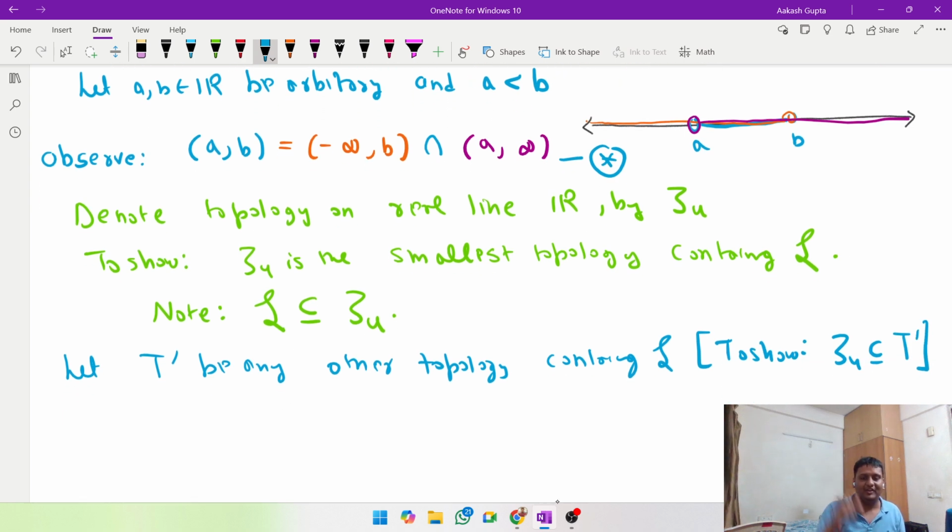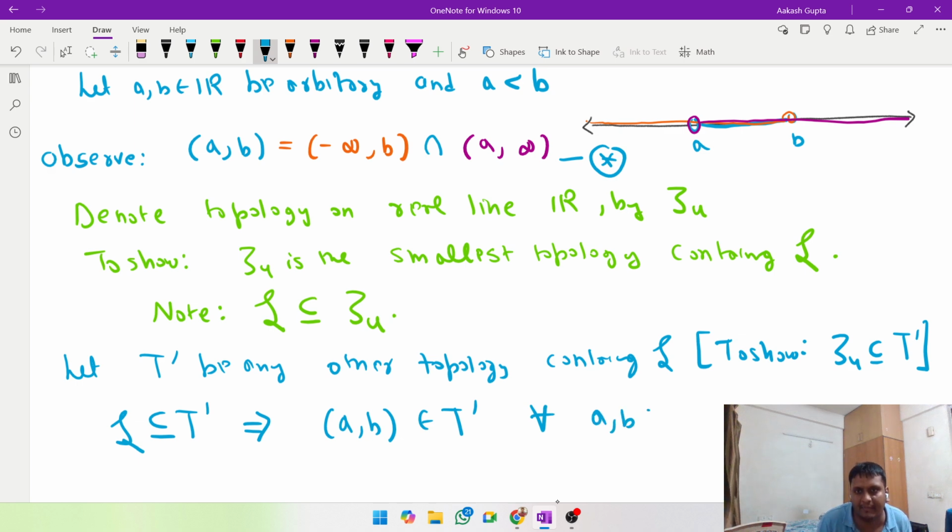Now note that, guys, S is sitting inside tau prime. So this implies (a, b) belongs to tau prime for every a, b in R. Is it right? Think for a moment. You can stop the video and think.